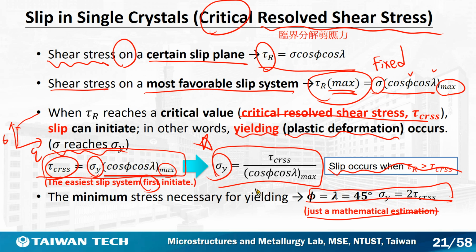So perhaps the angular difference will be 55 degrees or maybe 23 degrees. So it will not always be 45 degrees. Okay, so this is just a mathematical estimation.